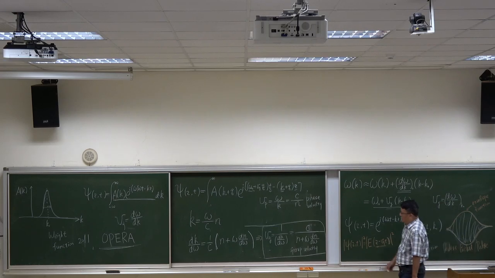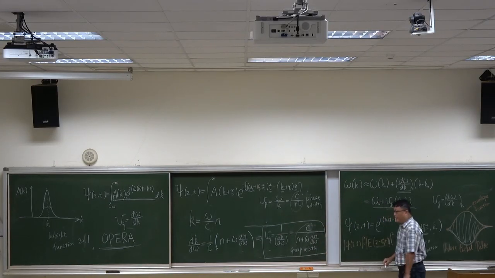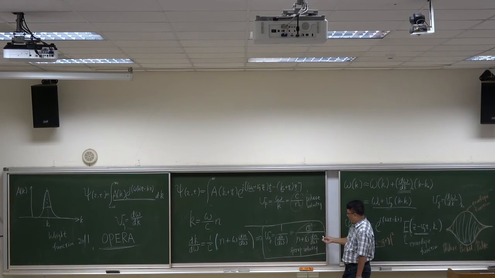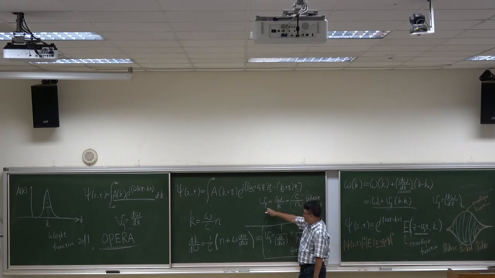So you see in the denominator, this is a correction. Usually, the dn over d omega times omega is positive. So vg is smaller than vp.